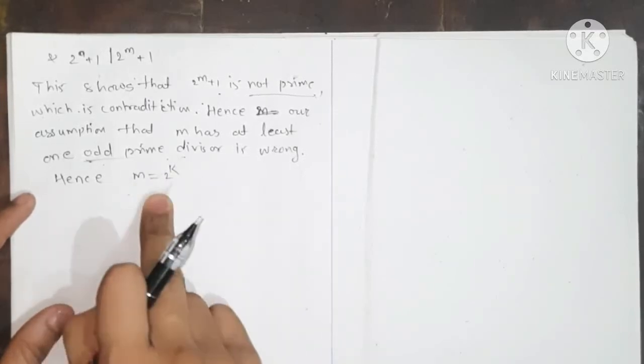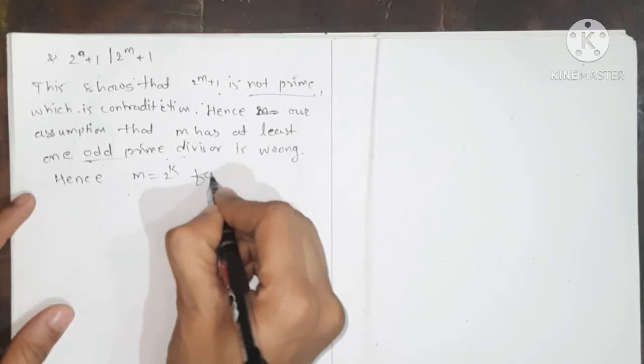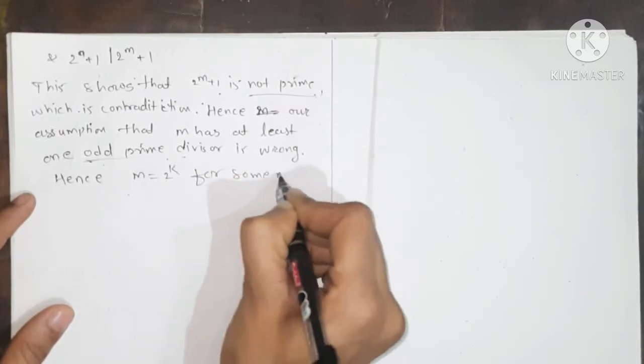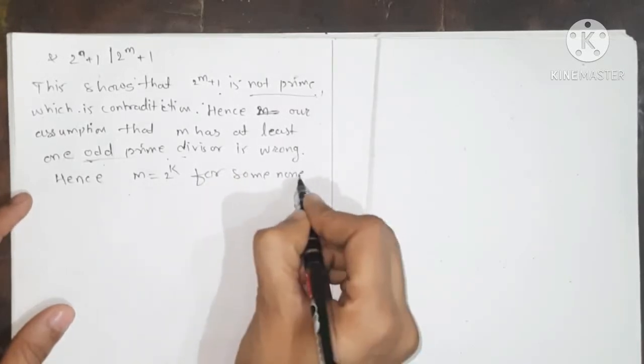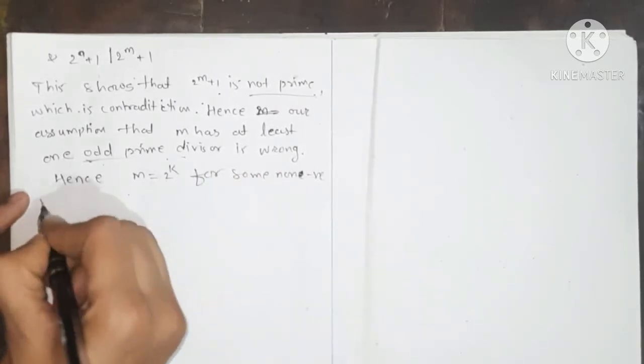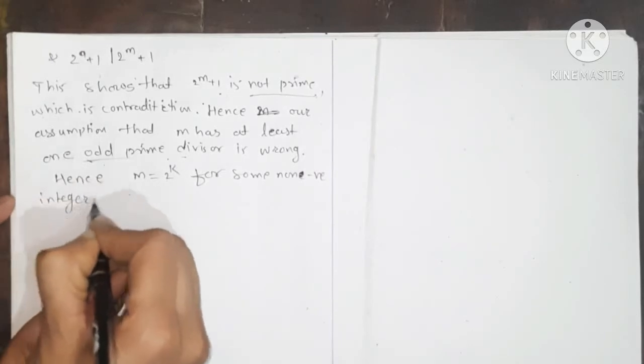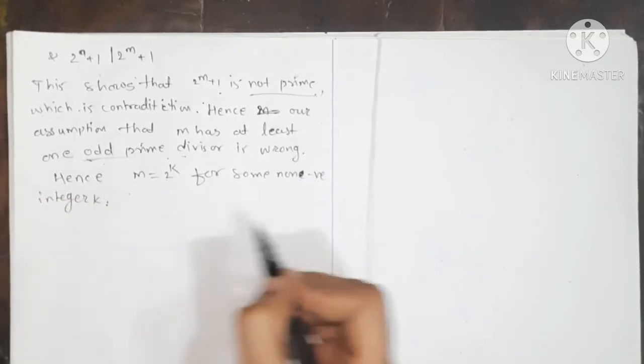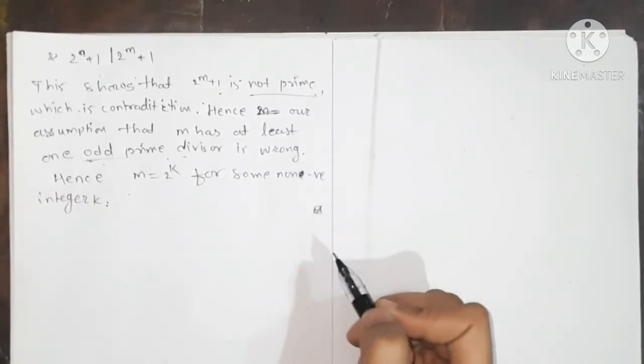That is, m is written as 2 to the power k for some non-negative integer k. Okay, so this completes our second example here.